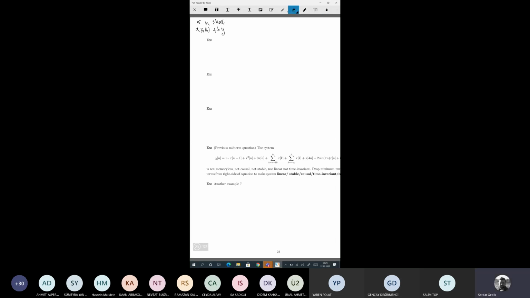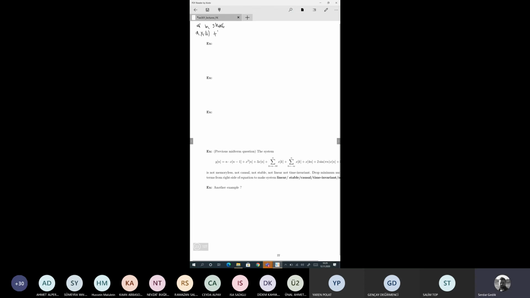If I scale both inputs, then at the output, I have the scaled and summed versions of the outputs. So I scale and sum the inputs, and the output of the system to that input is the scaled and summed versions of the outputs.